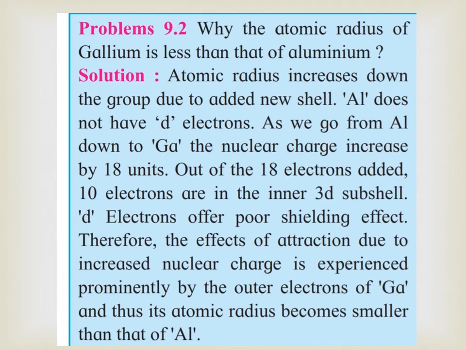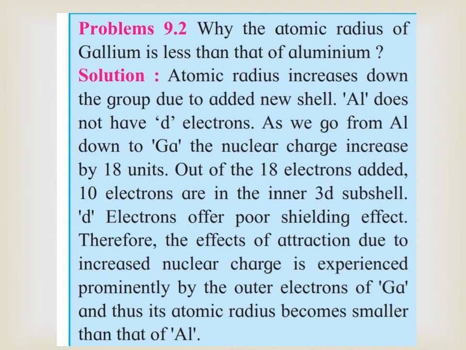But my dear students, due to the presence of d electrons, the atomic radius of gallium is less, because the d electrons are not able to shield themselves properly. That is, the d electrons offer poor shielding effect to the outer 4s and 4p electrons.